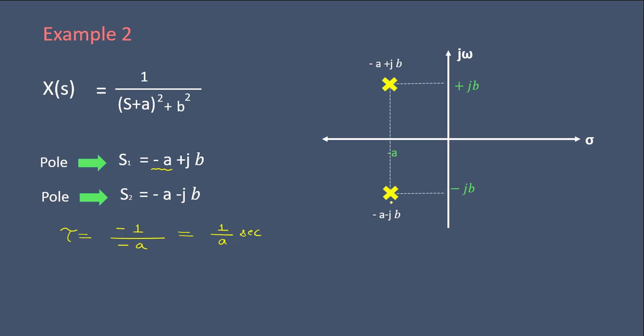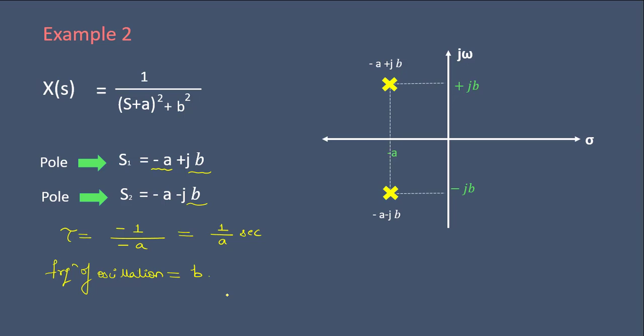Since this is a stable system, we can find the time constant tau and frequency of oscillation. We know the frequency of oscillation is the imaginary part of the pole. The imaginary part is b, so the frequency of oscillation is b.